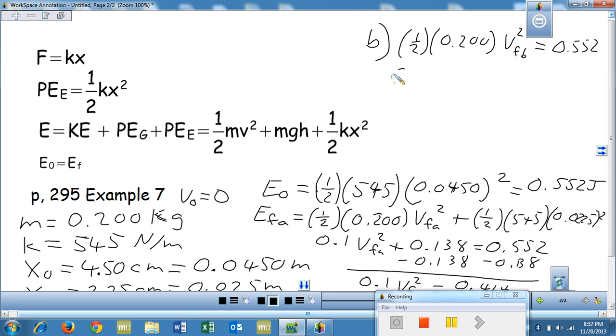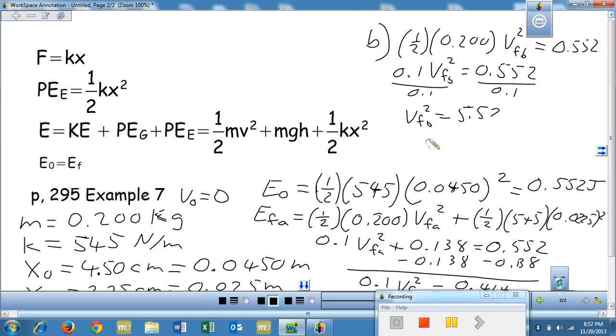Okay, so 0.1 V final B squared equals 0.552. Divide both sides by 0.1, and V final B squared is equal to 5.52.